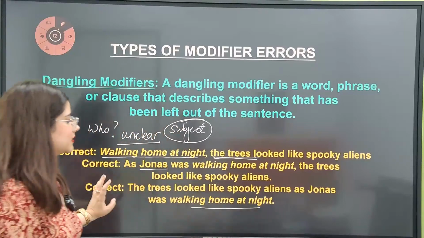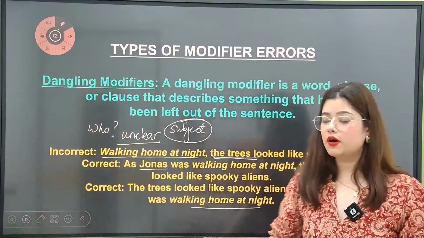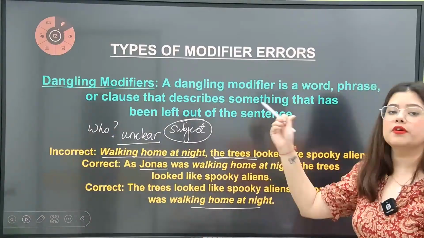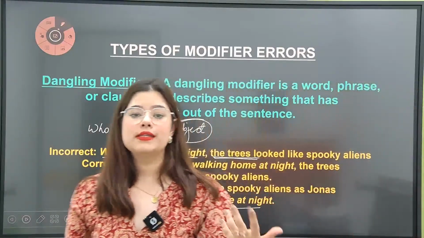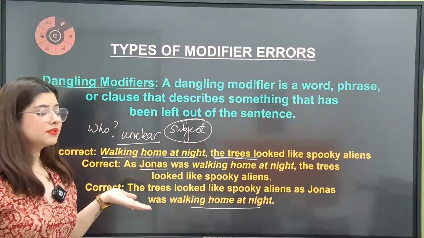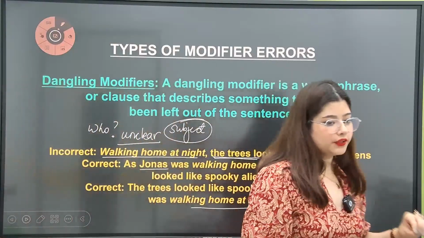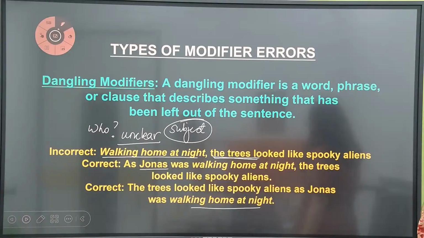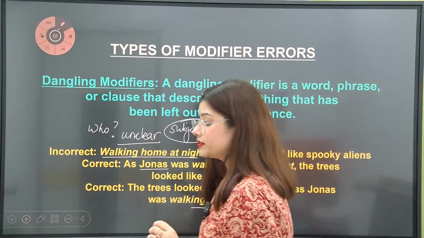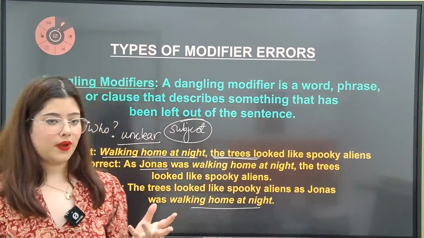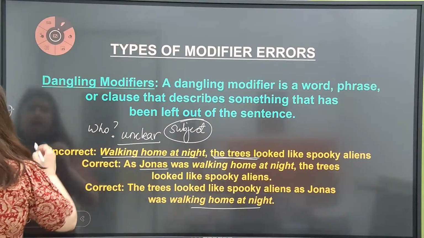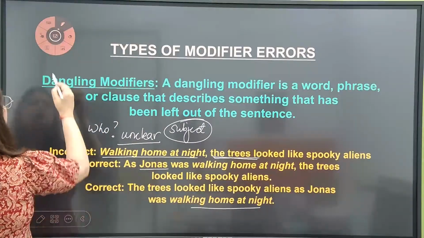So in both the cases, we have introduced a subject, and now the sentence makes more sense. The sentence becomes clear, right? So these are the three main types of modifier errors that we may encounter in a question. Let's have a look at some questions.